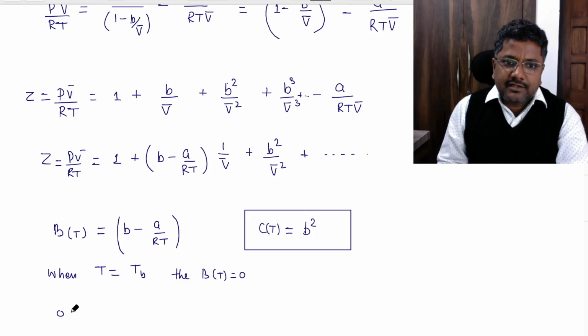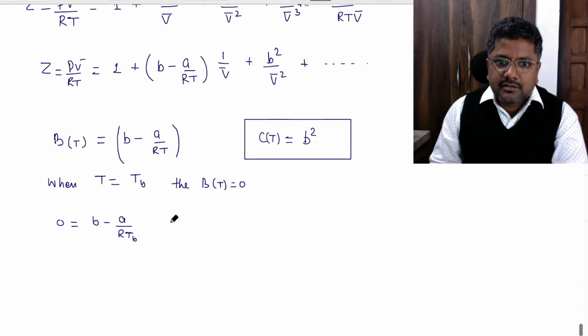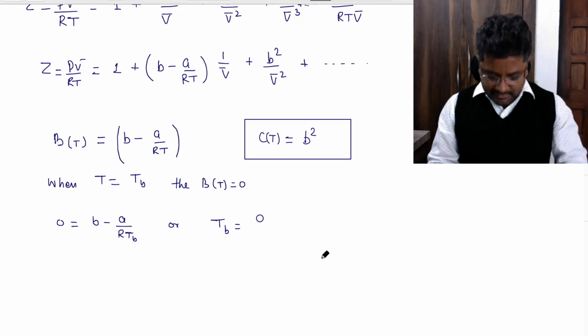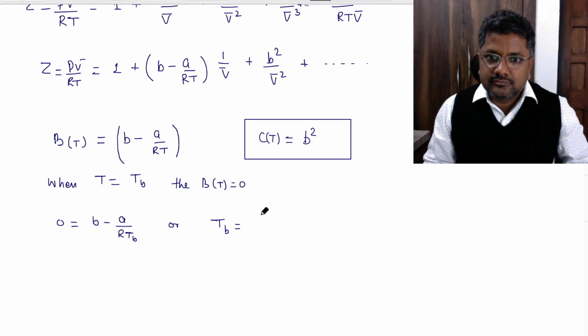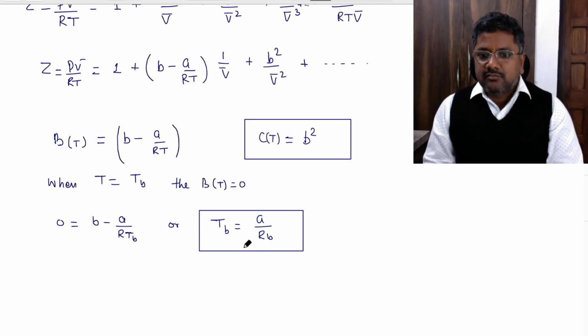So we can write 0 = b − a/RT, or T_B = a/Rb. So this is called Boyle's temperature.